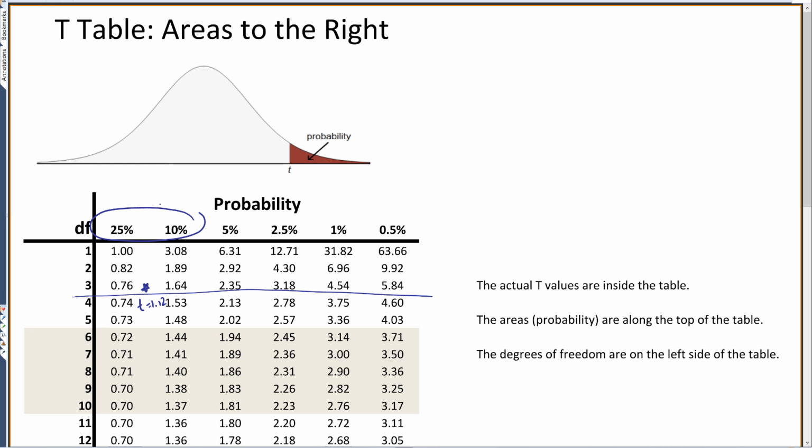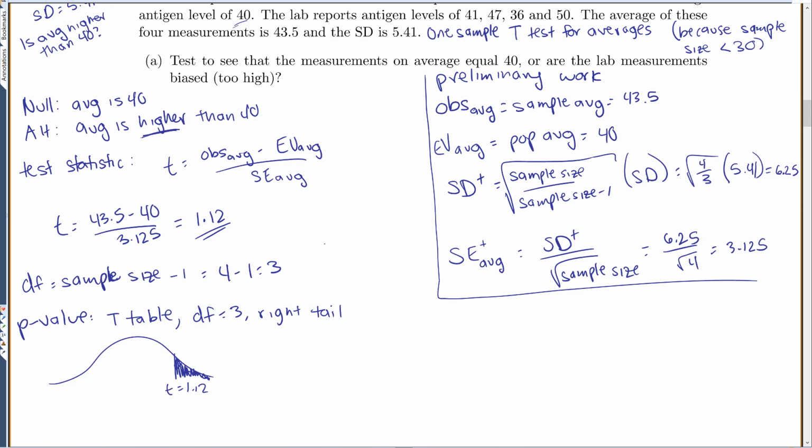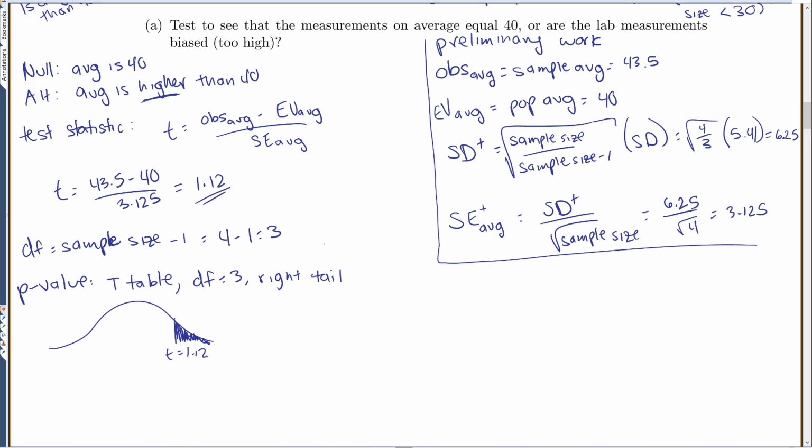Which means my p-value is somewhere between 10% and 25%. I can't narrow it down any more just using the table, so it's okay on the exam. I can just say between 10% and 25%.